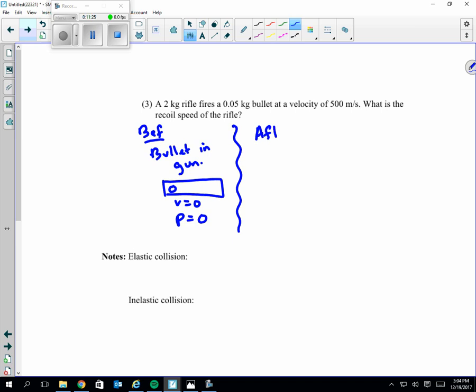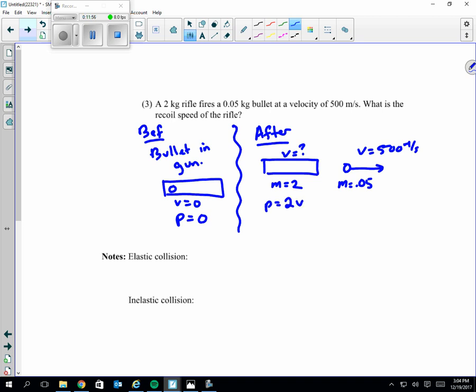But then my after picture is like this. A gun, which has a mass of 2. And I don't know its velocity, that's what I'm looking for. Bullet, mass of 0.05, and the velocity of 500 meters per second. So I've already found the momentum before.